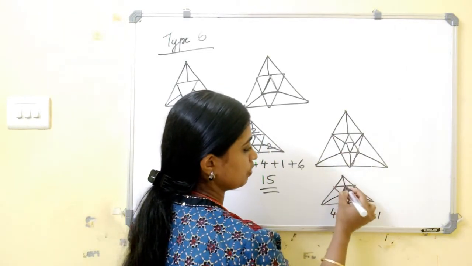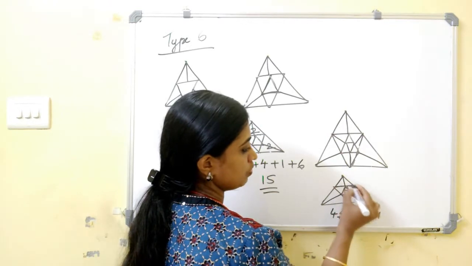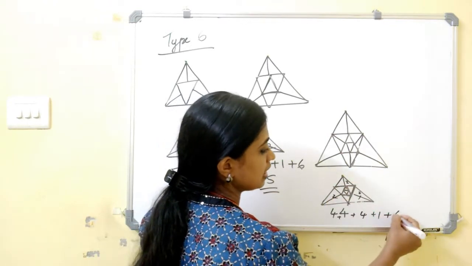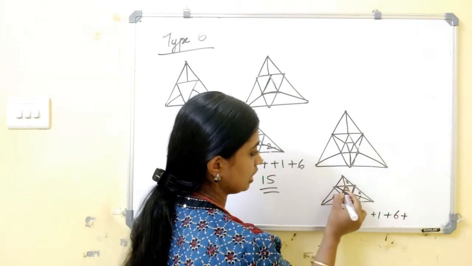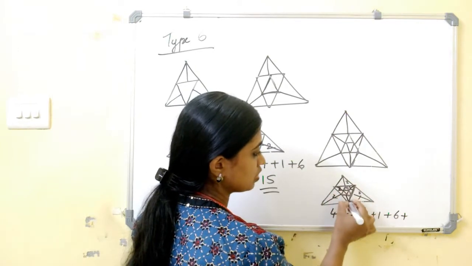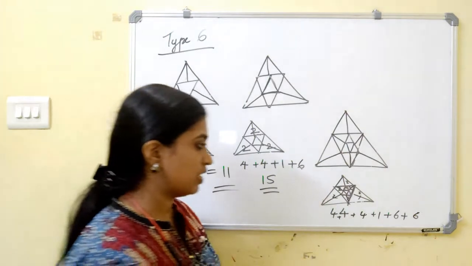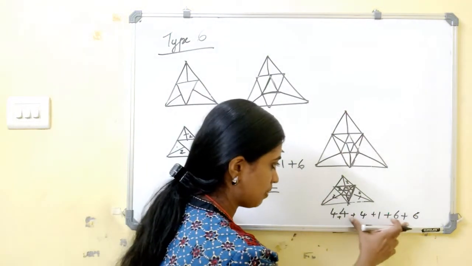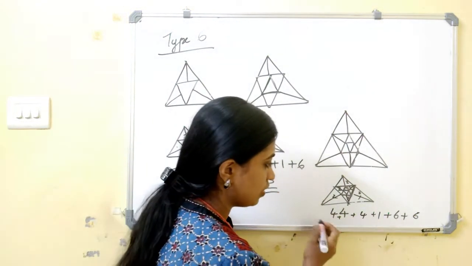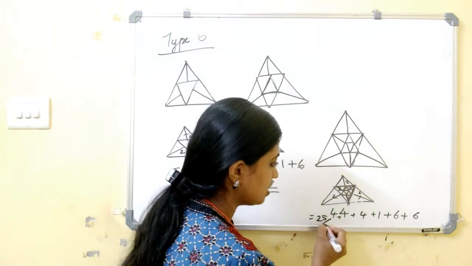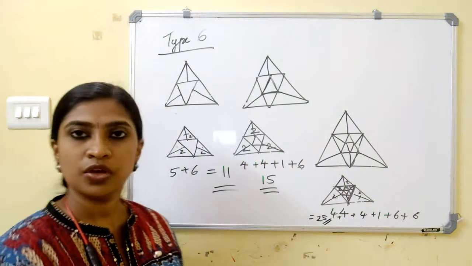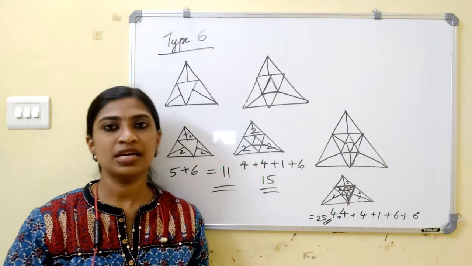So 2 plus 2 plus 2, 6, plus there is also the inner partition, 2 plus 2 plus 2, 6. So 6 plus 4, 10, 10 plus 10, 20 plus 5, 25 is the number of triangles present here. Okay, now we can move on to the type 7.